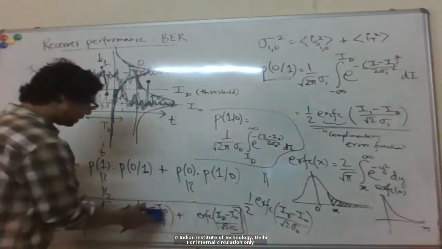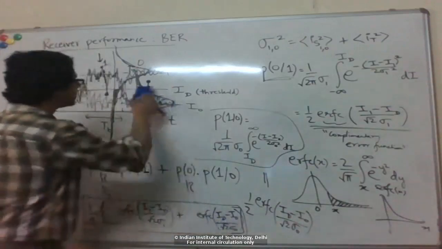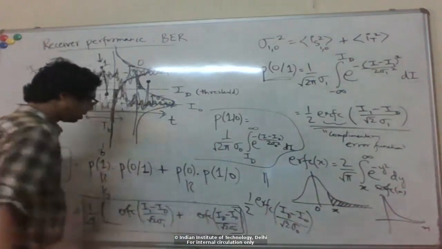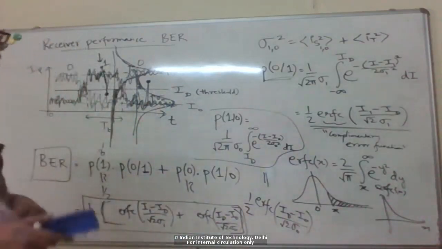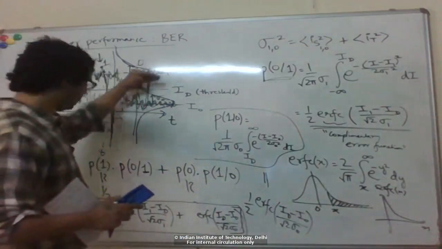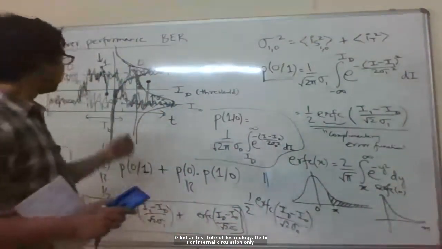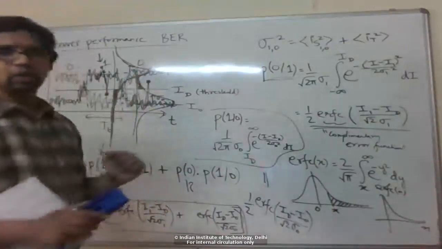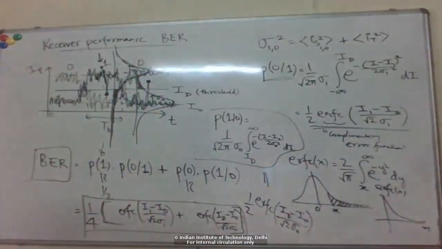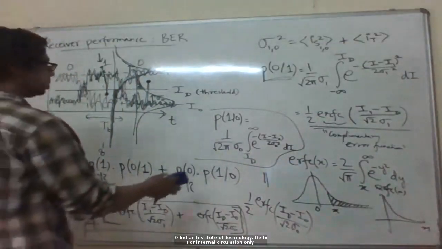The other parameter here is this detection threshold ID, which we can choose. Depending on different choices of ID, you can see that the BER is varying. So I have to choose this ID optimally.